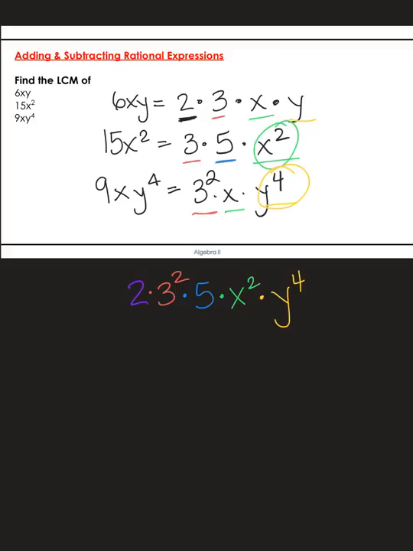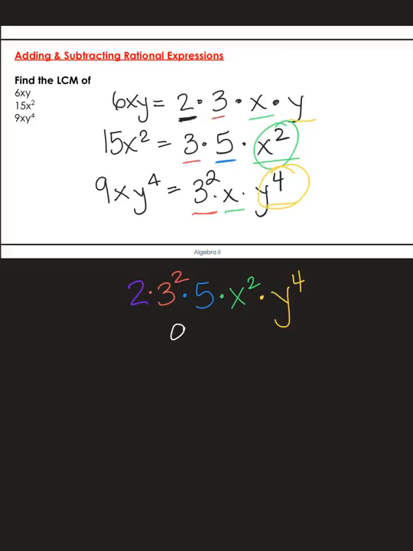When I multiply all of these out down here, that should give me my least common multiple. So I'm going to have 2 times 3 squared, which is 9. 2 times 9 is 18. 18 times 5 is 90.